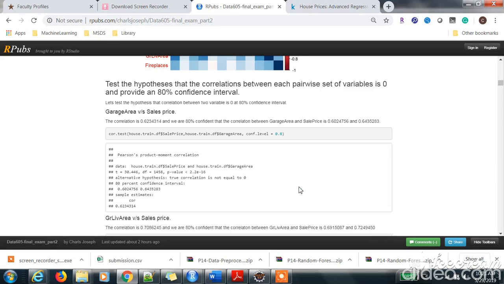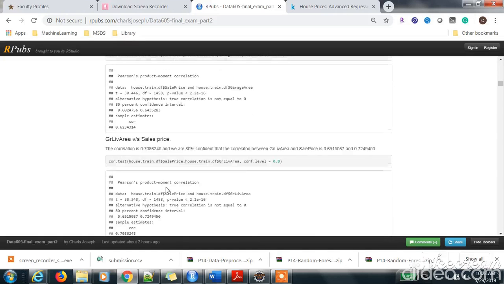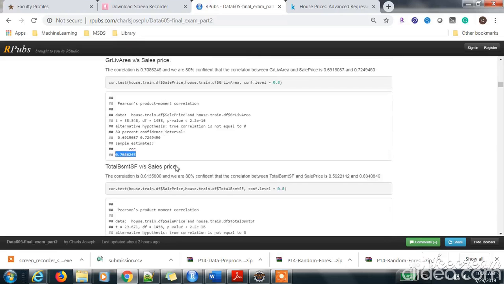I did the hypothesis test on correlation between each pair of variables. The first is garage area versus sales price, and the correlation is 0.62, and we are 80% confident that the correlation is between 0.60 and 0.64. Similarly, I did it for living area. Here is the correlation for the 80% confidence level.